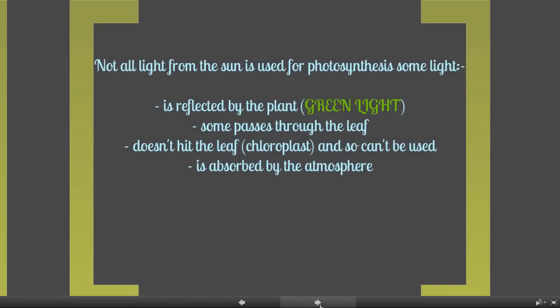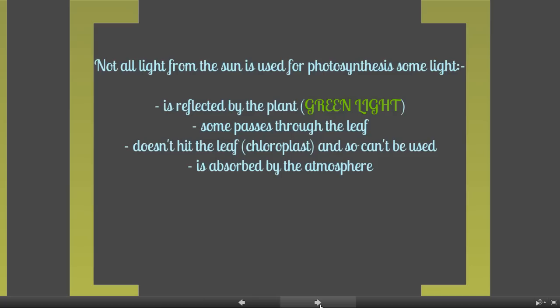Now, an issue with the energy transfer from here: obviously the sun produces a huge amount of energy, and not all of that energy is used in photosynthesis. Some of the reasons for that include that some of the light is reflected by the plant. Plants usually appear green, so they're reflecting the green light and not using it to photosynthesize. Some of the light passes straight through the leaf and therefore isn't absorbed.